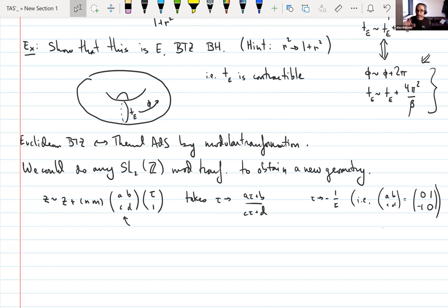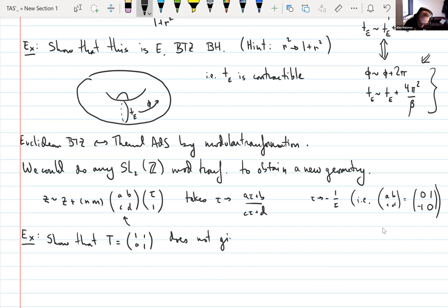So there's one final subtlety in the story, which I'll just mention to you as an aside and an exercise for those who are interested, which is that the modular transformation that you usually call T, the one that just takes tau to tau plus 1, does not actually give a new geometry.